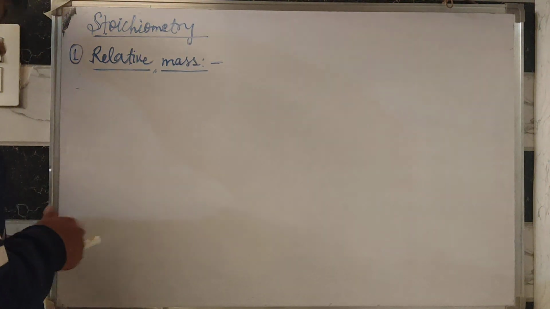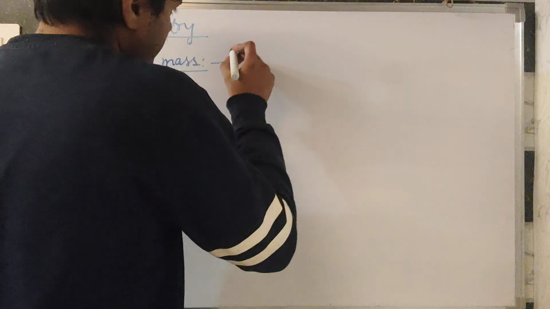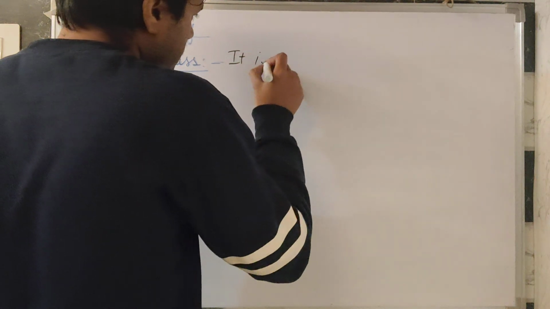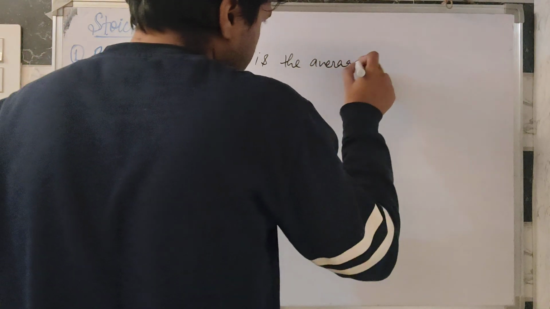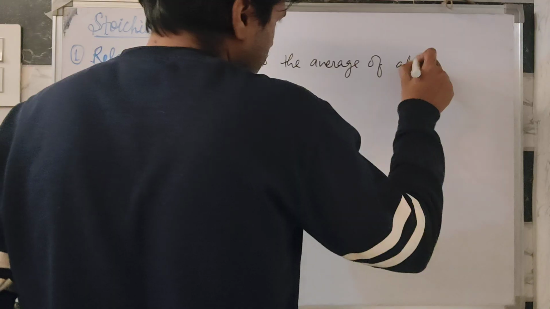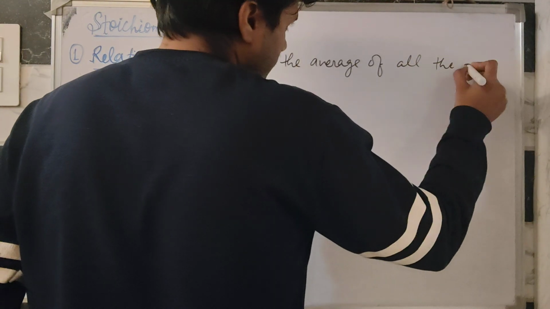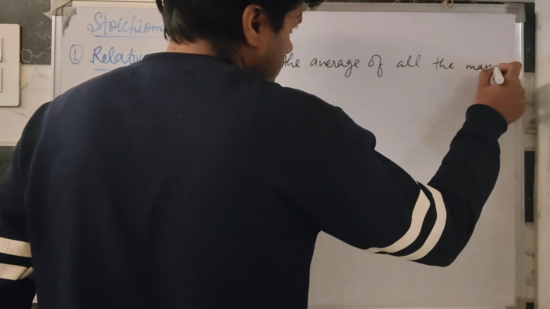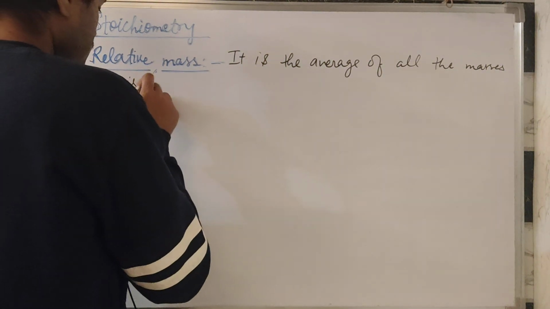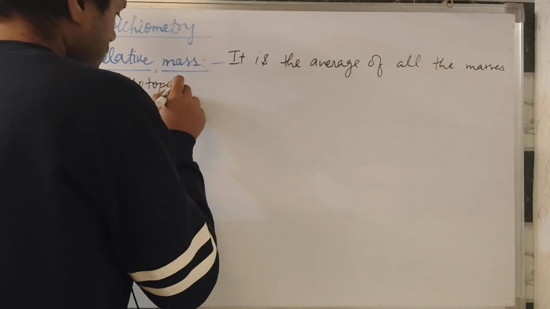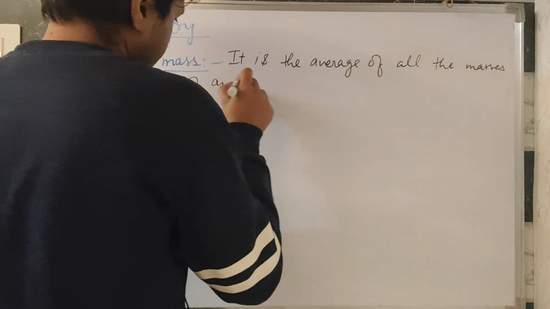What is relative mass? Relative mass is the average of all the masses of isotopes of an element.